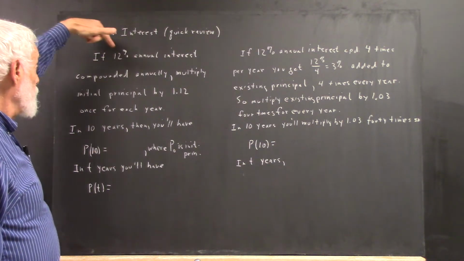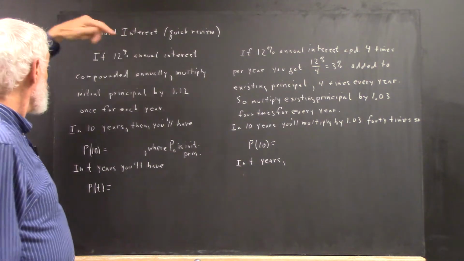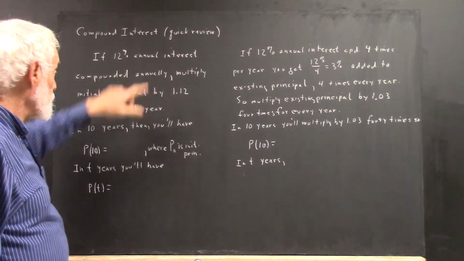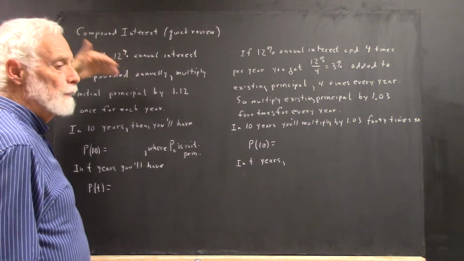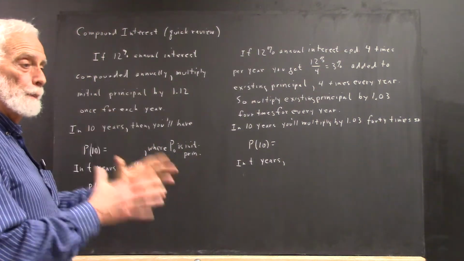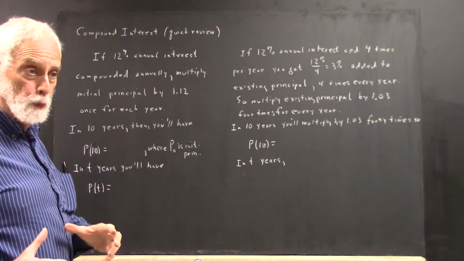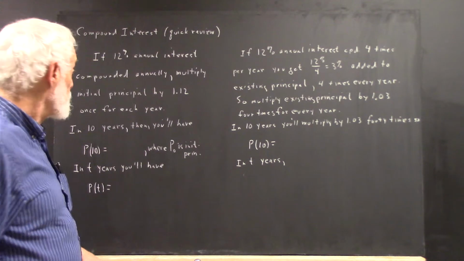Okay, suppose we have a 12% annual interest, and we want to compound it annually. Well, to have 12% interest means we add 12% of whatever we started the year with at the end of the year.